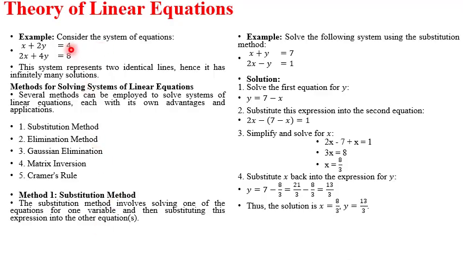So an example of a system of linear equations with infinite solutions is when you have one of the equations in the system being a multiple of the other. For example, in this system of linear equations, you can see the second equation here is a multiple of the first.